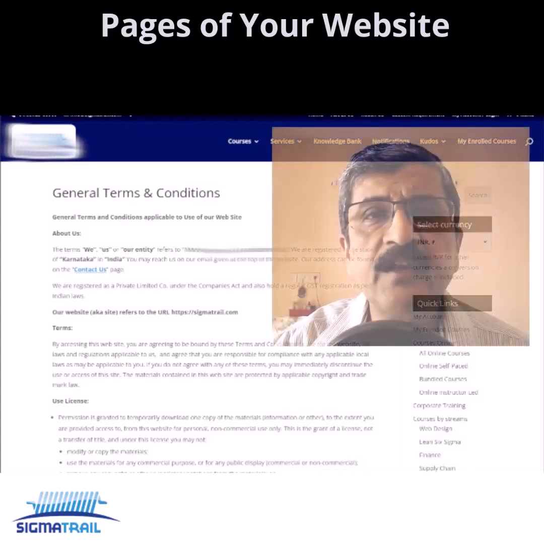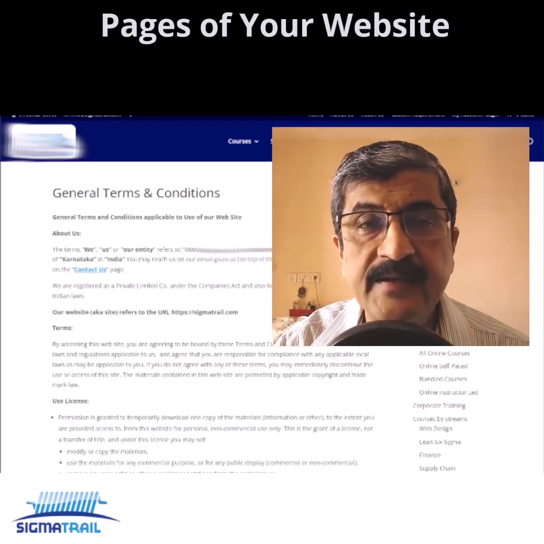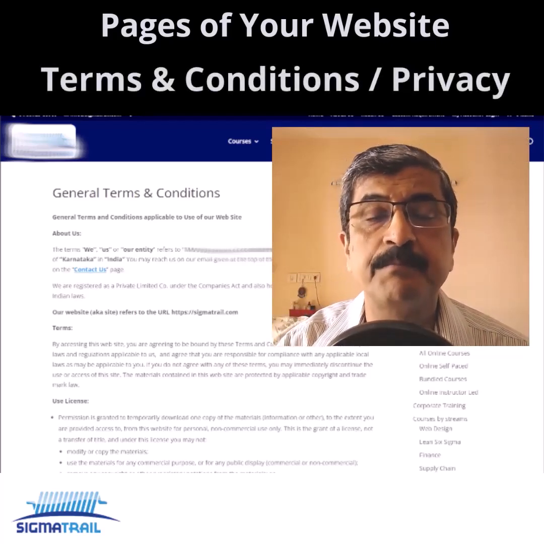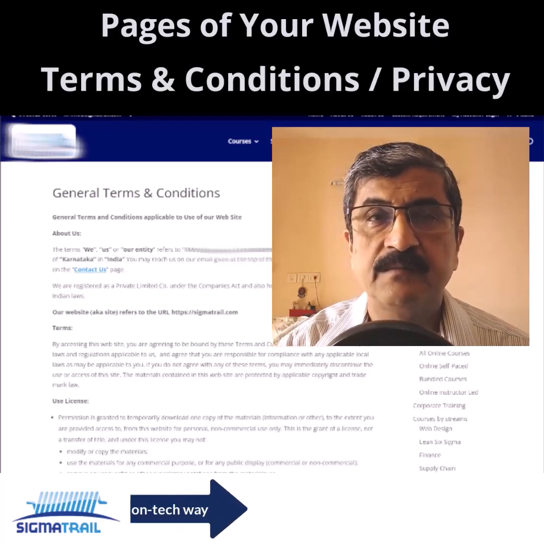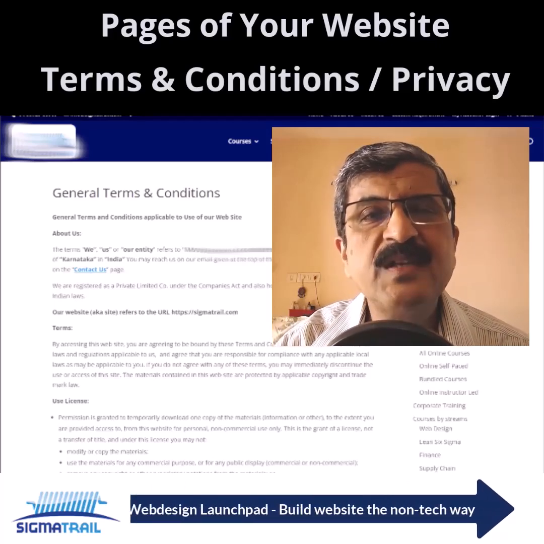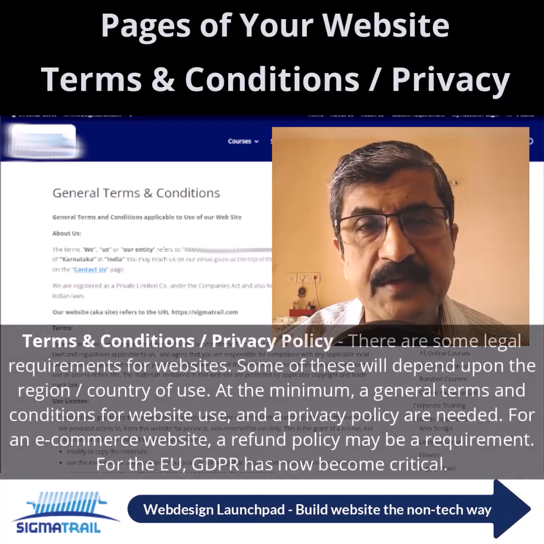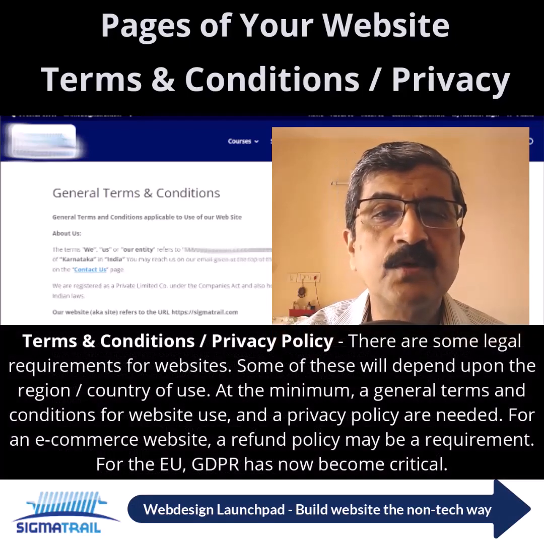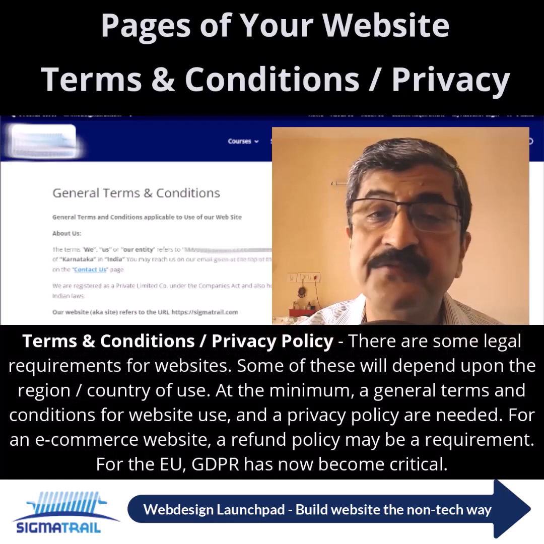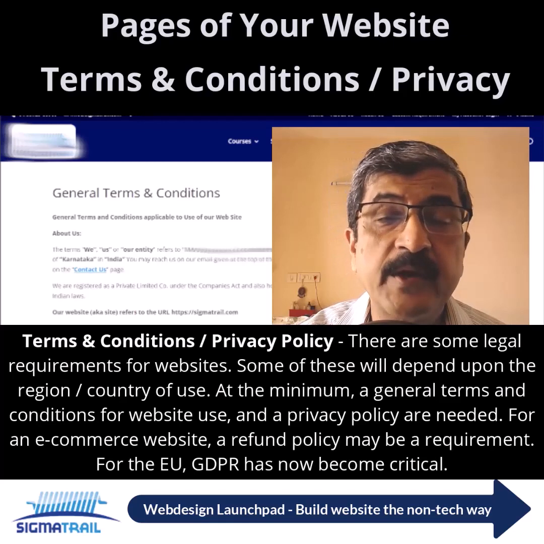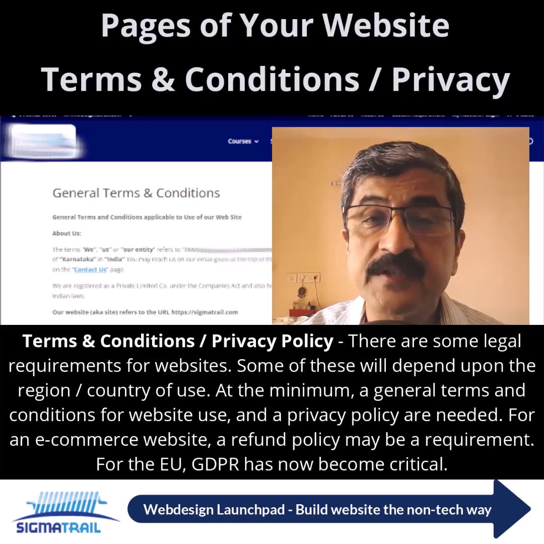Now, very critical that you define certain terms and conditions and privacy policy for your website. These are sort of treated as legal requirements for a website, though there is no specific enforcing agency for the same. But continents like Europe, where the GDPR and all has been implemented, a privacy policy becomes a must.